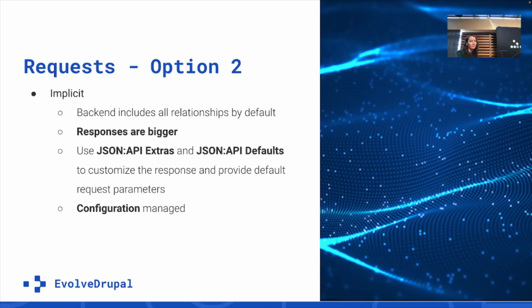The second option is to use modules in Drupal to automatically include the relationships and all the things that you need. All the front end needs to do is pass the entity UUID and it will receive everything, all the relationships, no matter how deep they are.